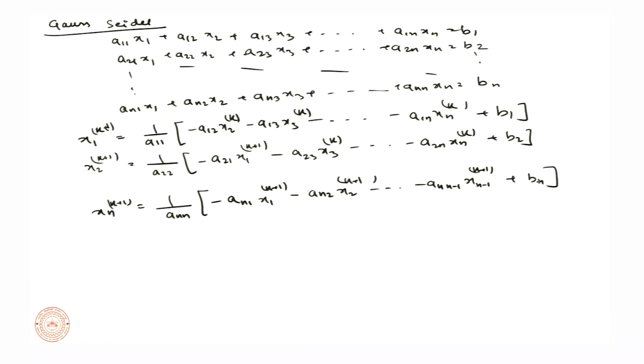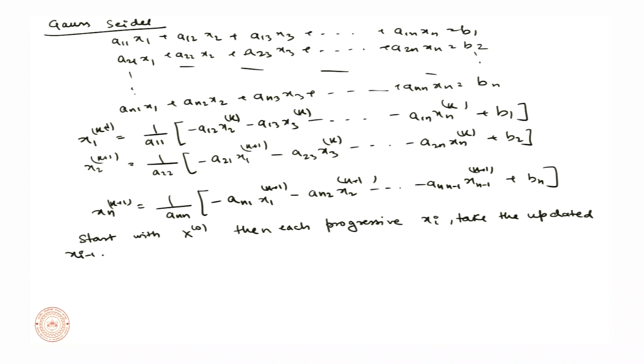Okay, so we start with a guess value x of 0, and then in each iteration, for each progressive value, we take the updated xi minus 1.